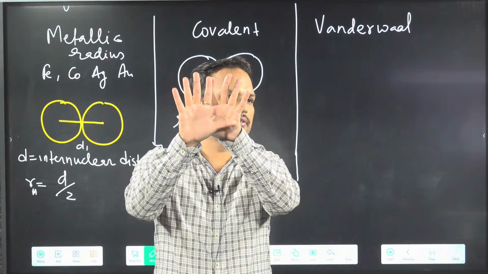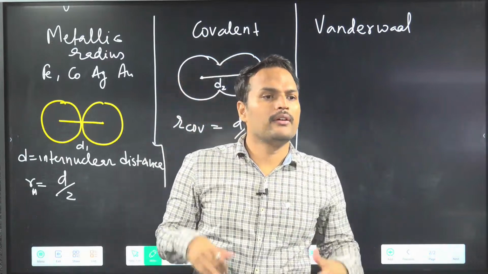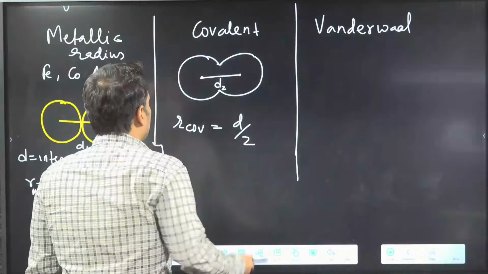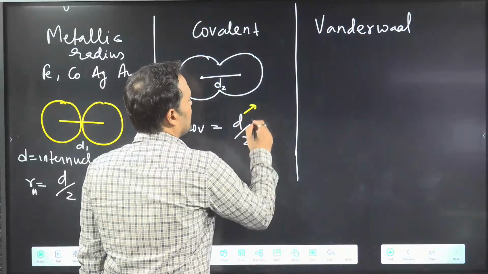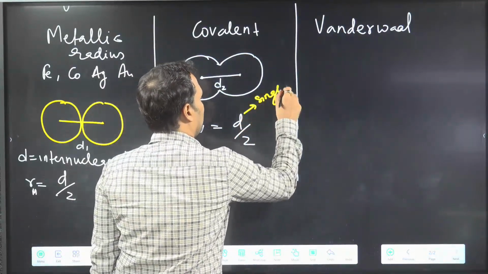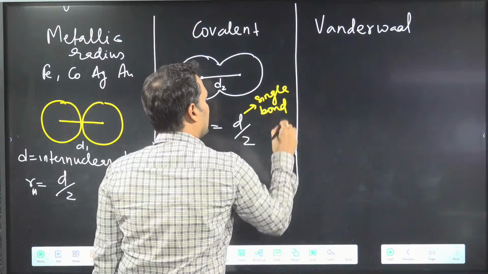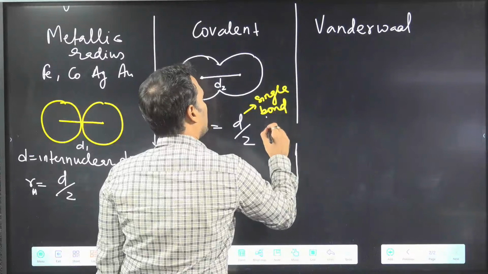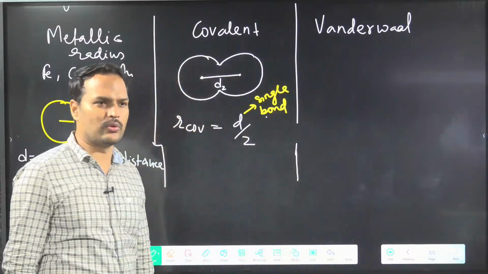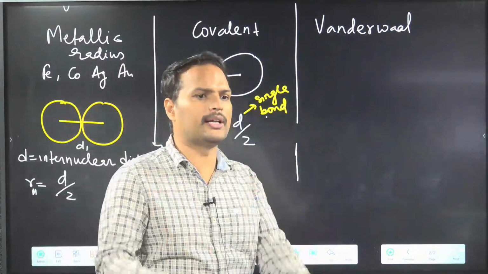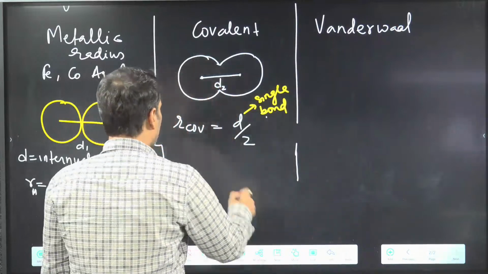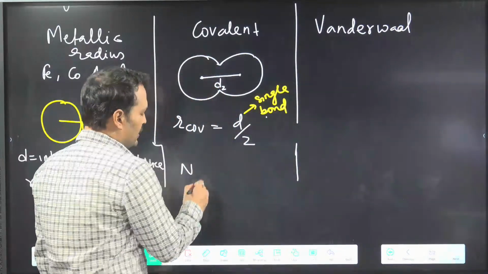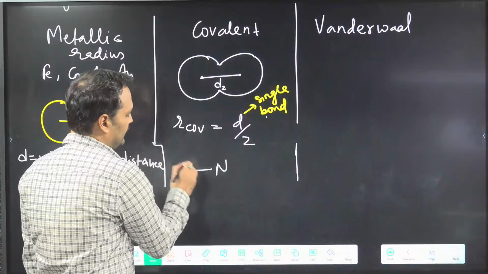So what? We consider only single bond length, single bond distance, you can say, okay?